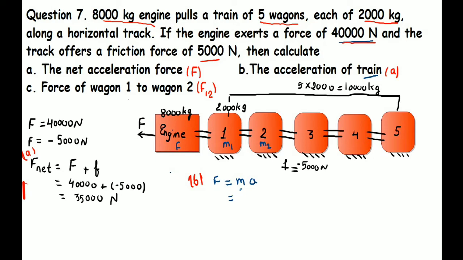Now what mass will we put? Student, just remember, the engine is applying force on the wagons, so the mass of the engine will not be counted. The engine is applying force on 5 wagons, so we use the mass of 5 wagons, that is 10,000 kg, and the force is 35,000.